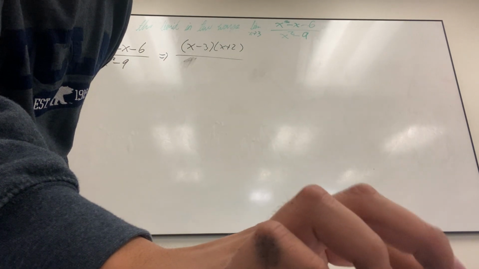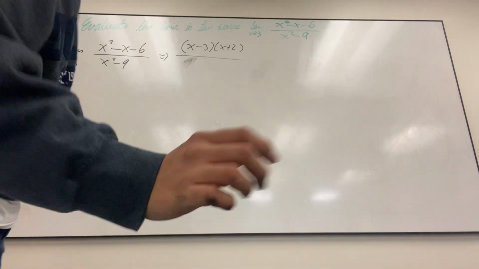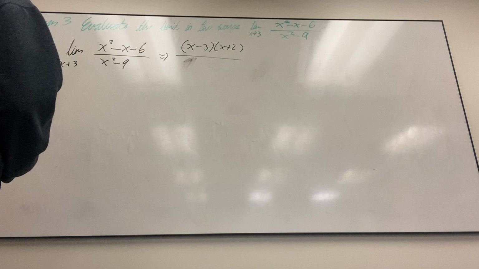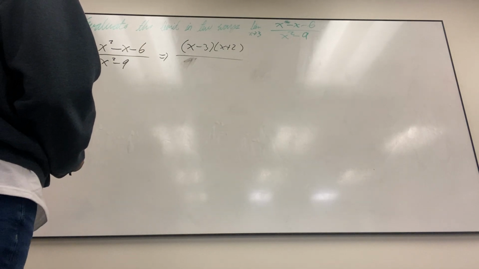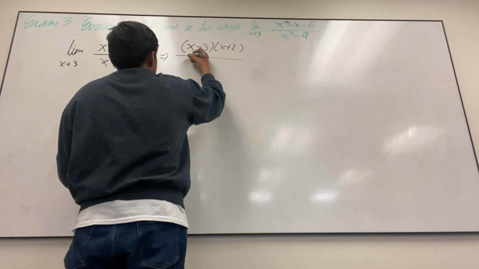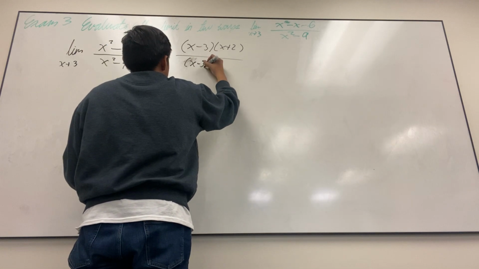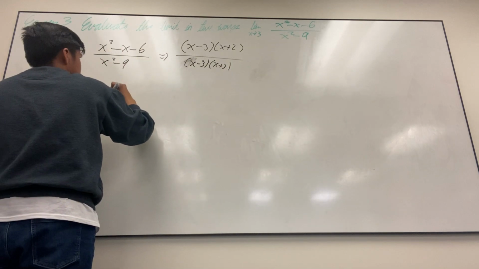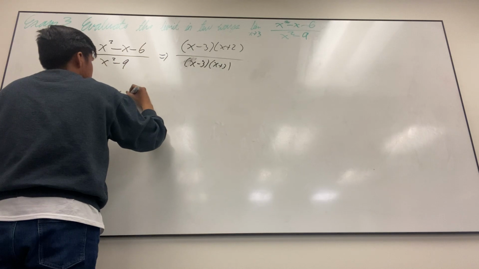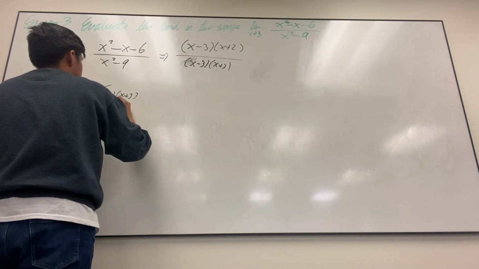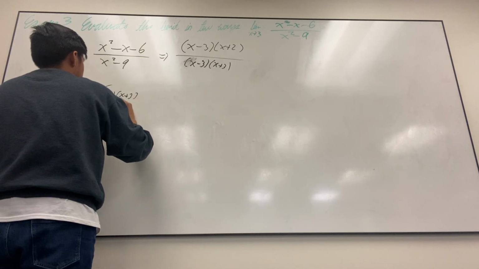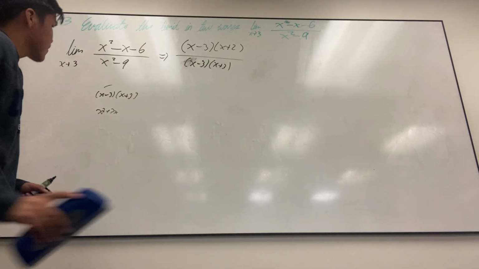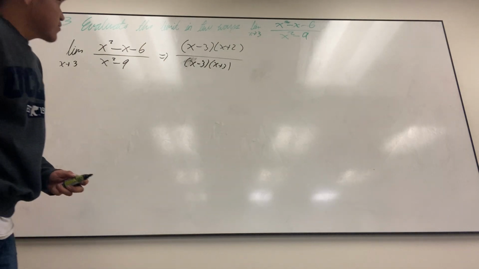Actually, yeah, we can still factor this. This can be x minus 3 and x plus 3, I believe. Let's check that. x minus 3 times x becomes x squared plus 3x, minus 3x, yep, that works. Sorry for that, I just have to do a little bit of mental math.